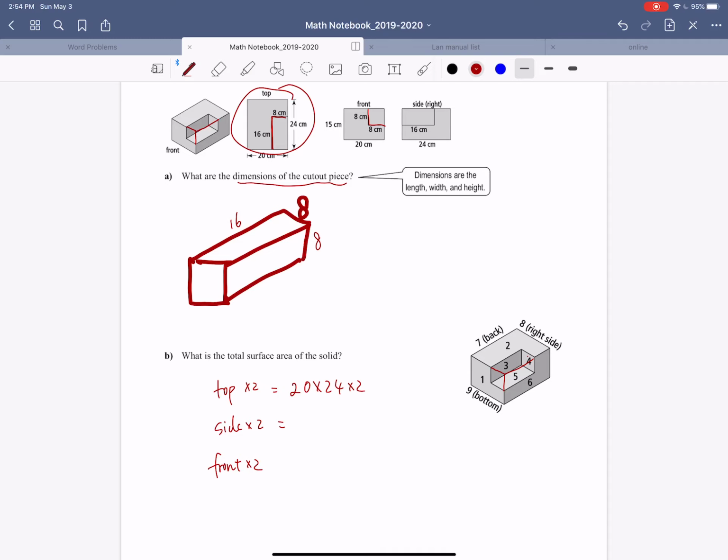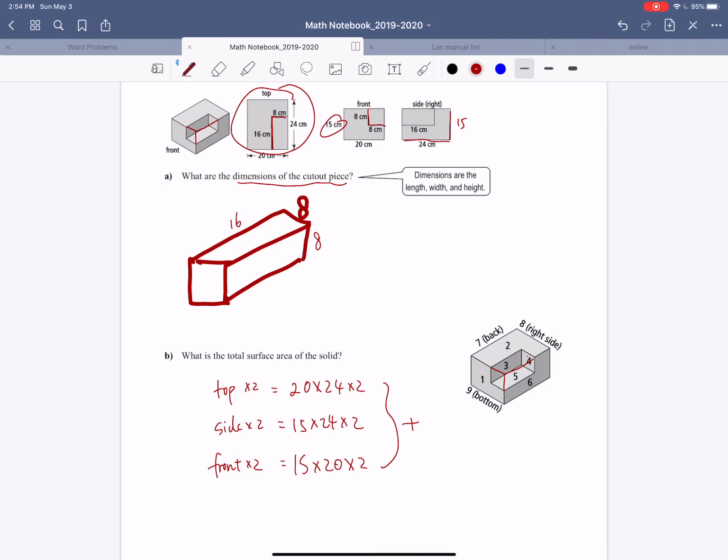Side is 24, and do we know this one? Yes, 15, because it's written right here. Okay, so 15 times 24 times 2. Front, 15 by 20, and then add them up, you're done. I think when you add them up, you can just calculate by yourself, it's fine.